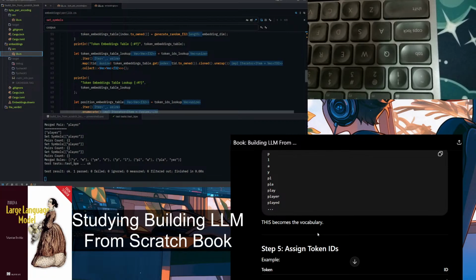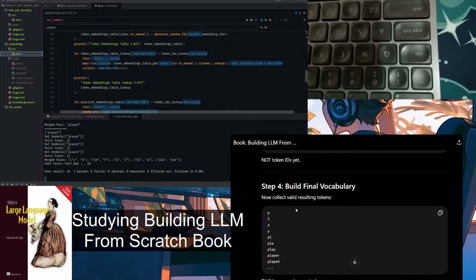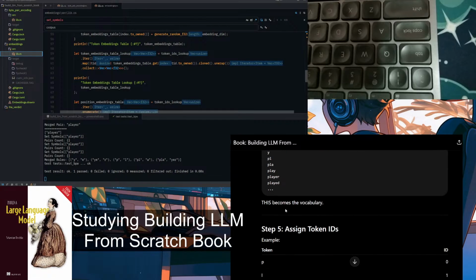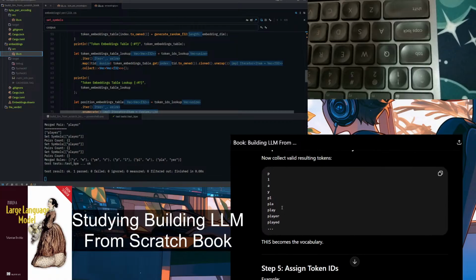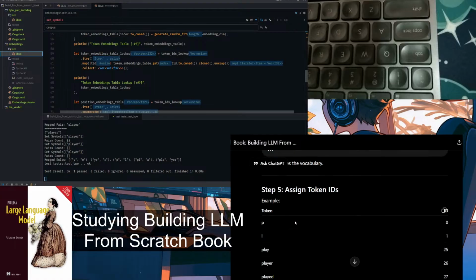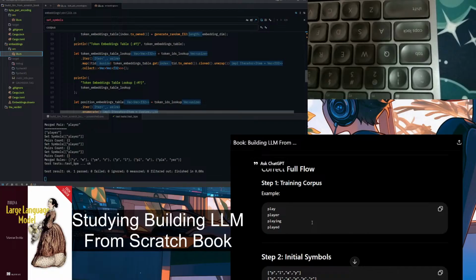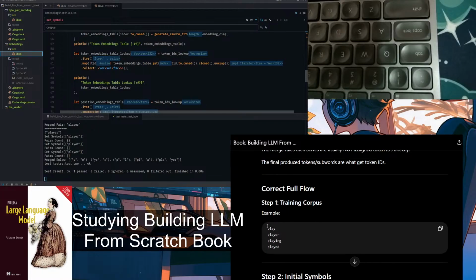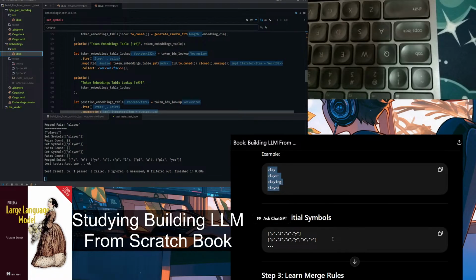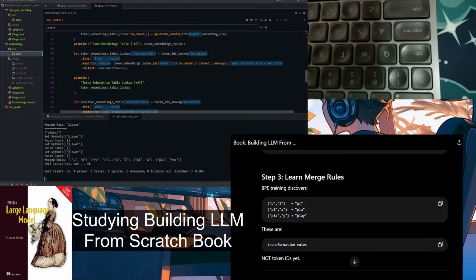Actually, this is not about the web. This is more of studying a tokenization method. The tokenization method is byte pair encoding. I get confused here. So training corpus, initial symbols, convert to symbols, merge, learn merge rules.